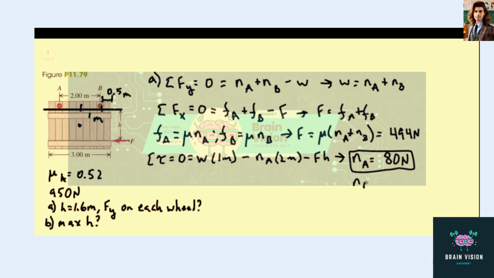So NB is going to equal 870 newtons. So roller B is getting a lot more force than roller A. Which makes sense because this force is sort of trying to rotate the door this way, and so this has to provide a larger force to work against that, because it's sort of being pressed down more here than it is over here.